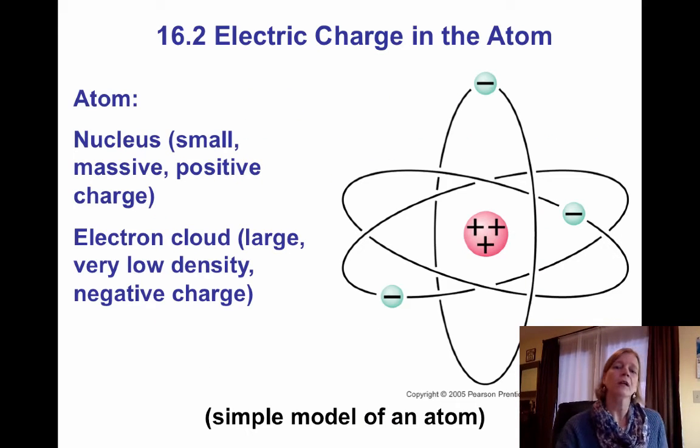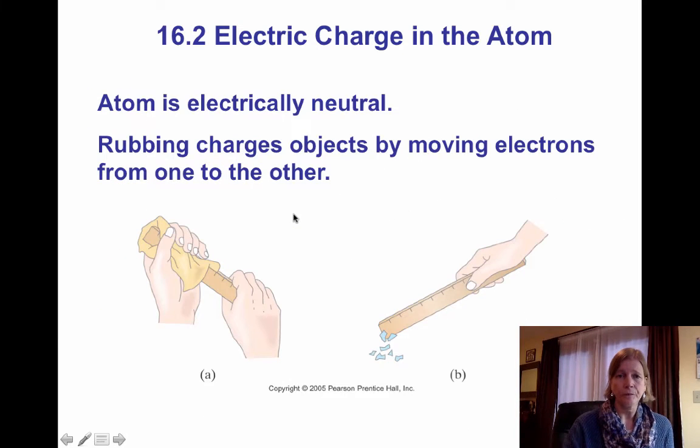If I come back here and look again, you can see I had 3 positive charges, or protons, in the nucleus and 3 electrons in the cloud. That was a neutral atom to start off with. If that atom had been in our cloth and we had rubbed it, then maybe 1 electron per every few atoms may have been removed and moved over to the ruler to get an excess negative charge over there. Okay, so rubbing charges objects by moving electrons from one object to the other.